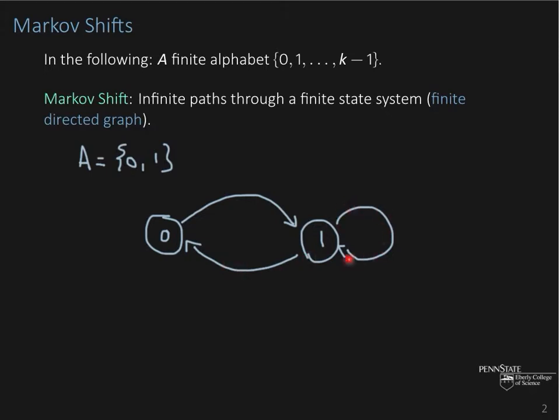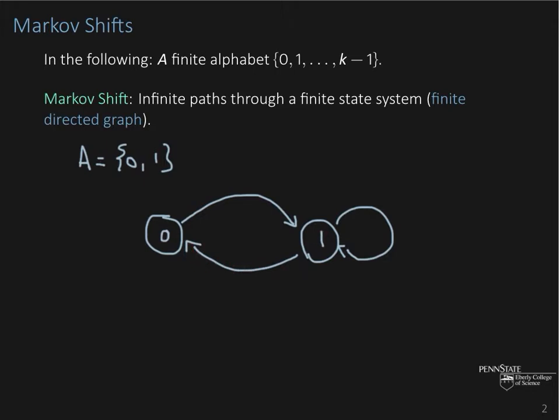There can be loops on the vertices, but there also can be edges between different nodes. So the Markov shift induced by this graph is the set of all infinite sequences that we can obtain by starting at any node and then wandering through the graph following the edges in their respective directions.